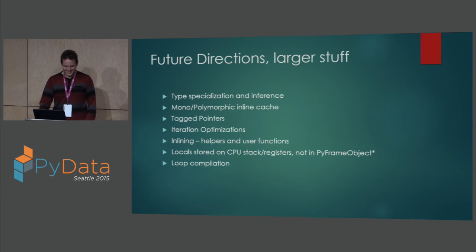Almost done. Iteration optimizations: range, avoiding allocating iterator objects for those. I think that's something I started looking at, but just haven't made much progress. Inlining, kind of combining with type specialization, moving things off of the frame object and into locals, and loop compilation, which I have no clue how to do with Python in the long term.